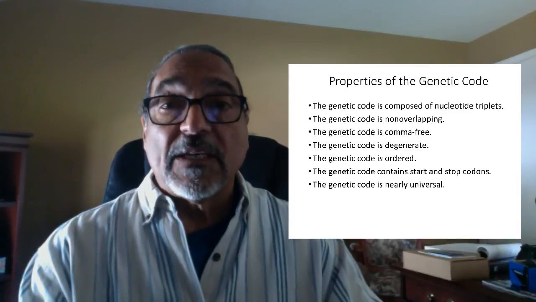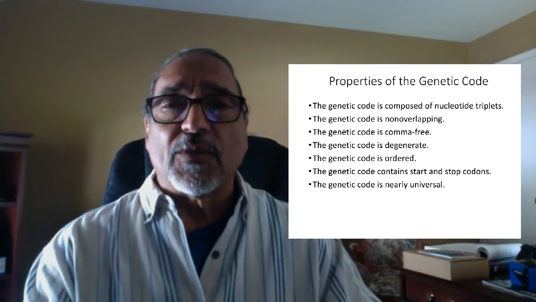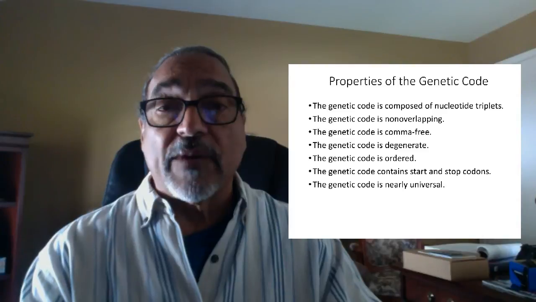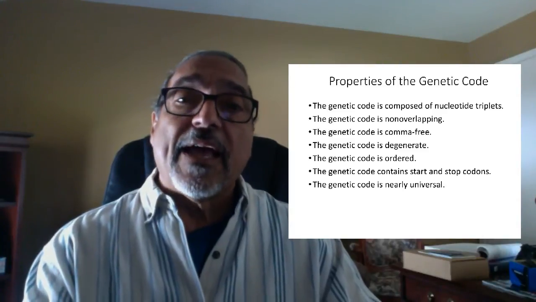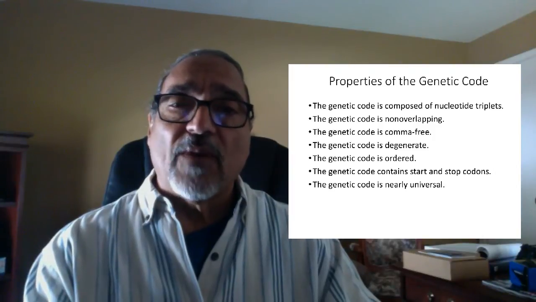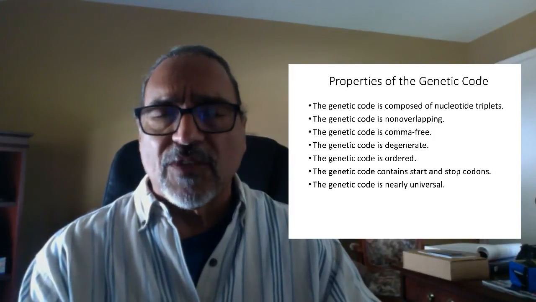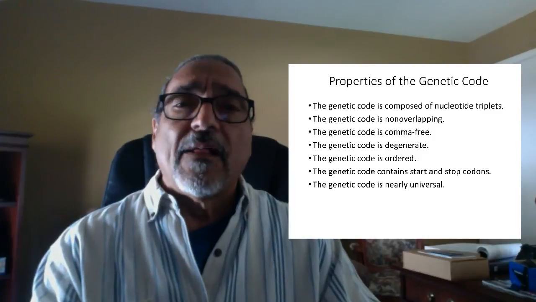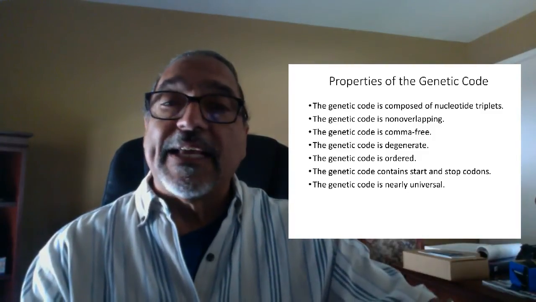So we can see that there may be some differences between some prokaryotes or even archaebacteria and eukaryotes, but certainly if we're just talking about eukaryotes or prokaryotes in general, for example, E. coli, the majority of the coding is identical.